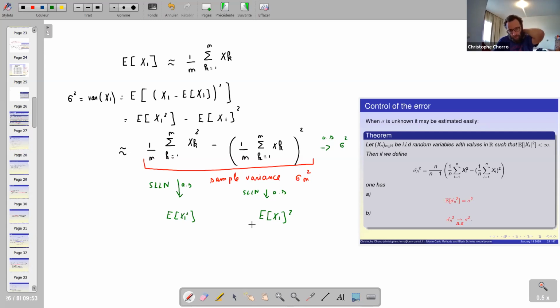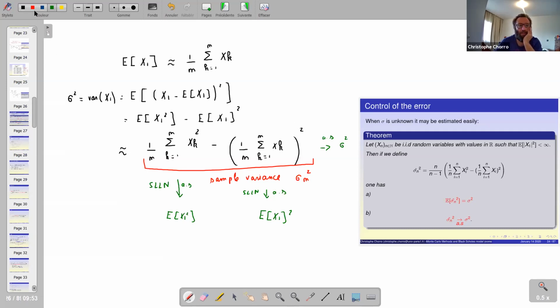I have the convergence of my estimator toward what I want to estimate when n is large. My estimator is said to be efficient.